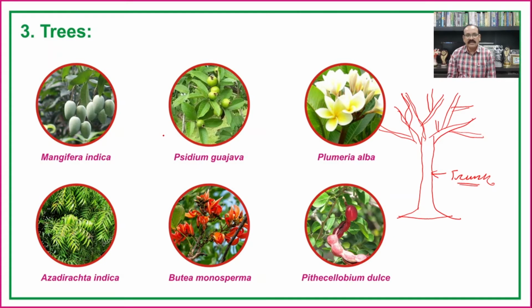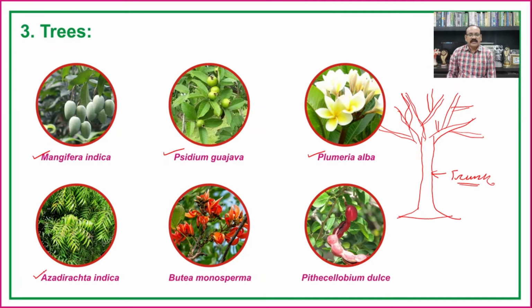The very common examples of trees known to us are Mangifera indica, that is mango. Then Psidium guajava, that is guava. Then Plumeria alba, a commonly cultivated plant of the family Apocynaceae, which is commonly called chafa in most areas, but the real chafa is different.